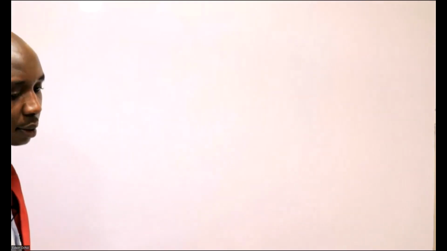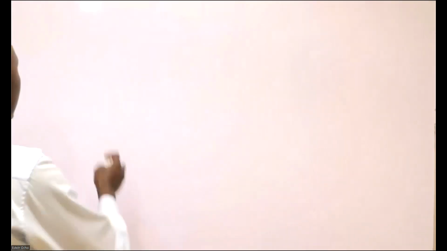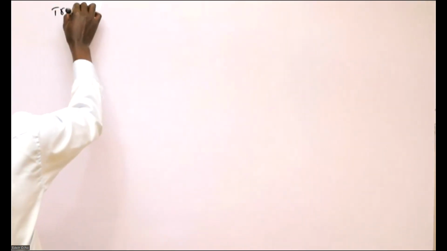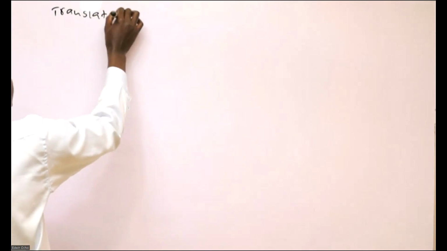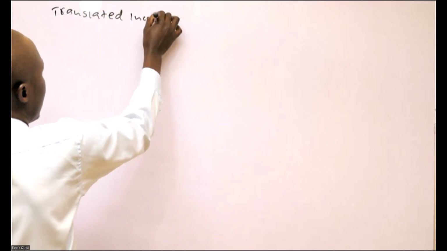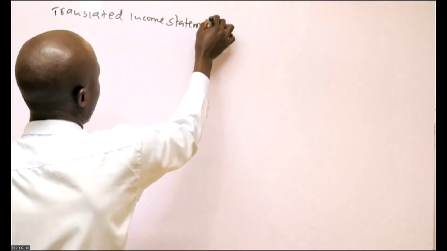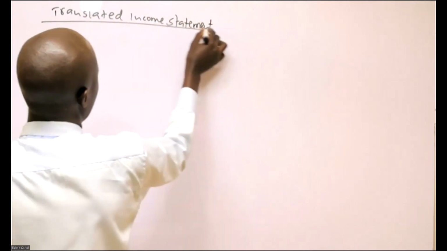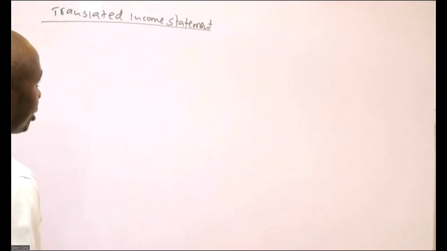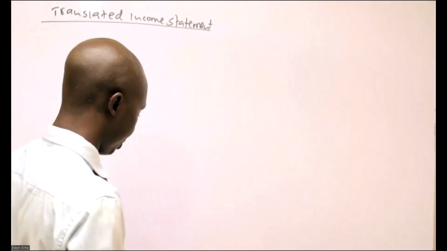The first work I will do here, we need to do it very fast because it doesn't earn you any mark. It's like workings. So we do the translated income statement. Make sure that you make short notes because I will require these figures from you when doing the statements required by the examiner.